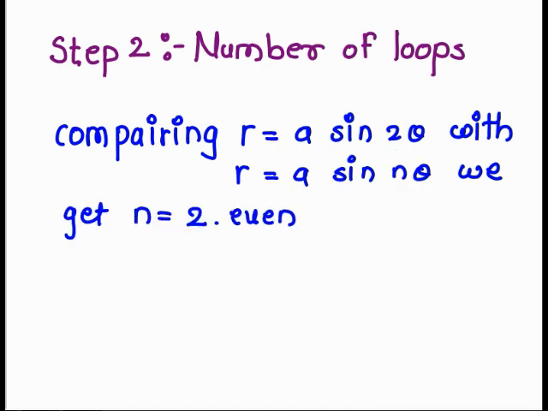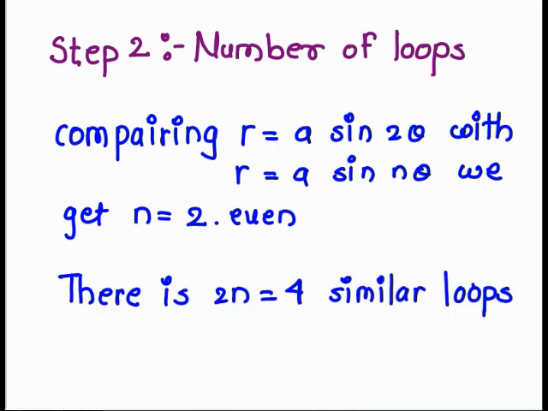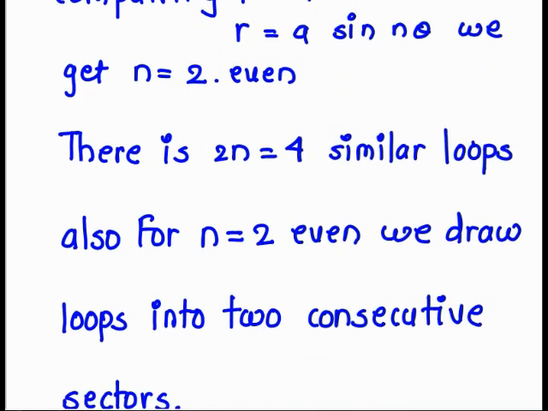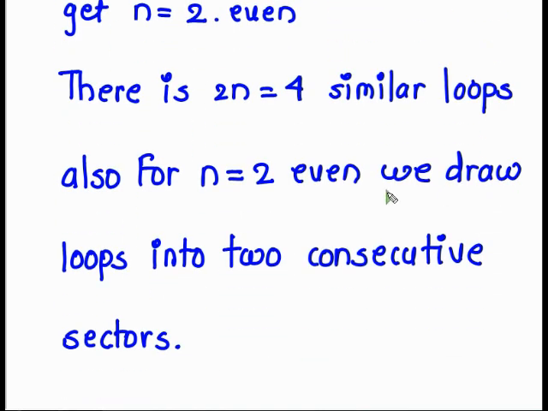So n = 2, that is even. So 2n = 4 similar loops. So we can draw the 4 similar loops for this particular curve. Also, for an even number, we draw the loops into 2 consecutive sectors.